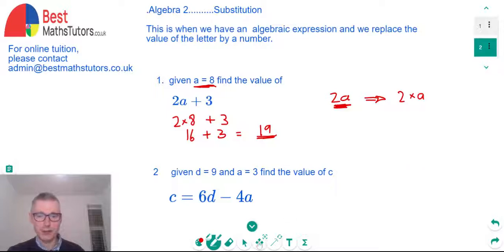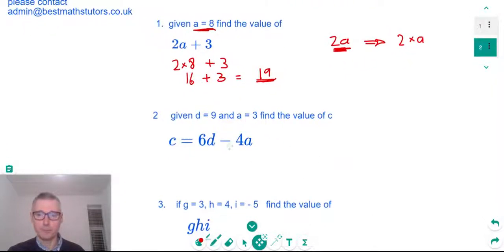So in the next example, I've got a slightly more difficult one. This time it's a formula to find the value of c, and we're told that c is equal to 6 times whatever the value of d is, minus 4 times the value of whatever a is. So we're going to use the same approach as in example 1.